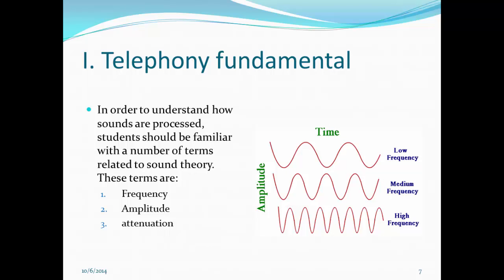Here, when you have a low frequency, the cycles per second are very slow, as opposed to a high frequency. You see that the number of cycles per second is much faster. So you have a low frequency and a higher frequency.